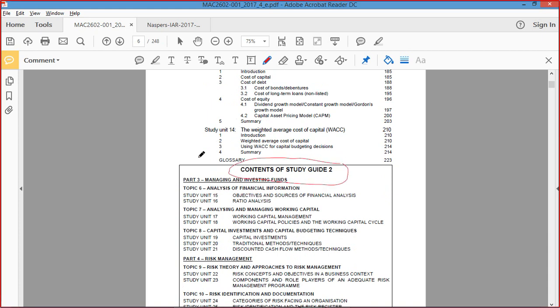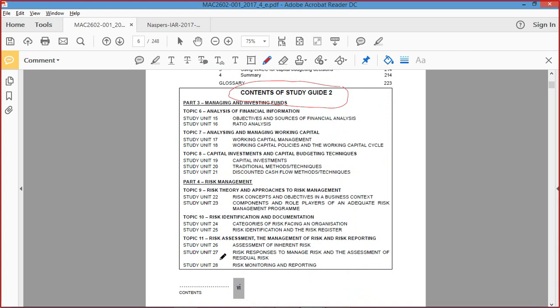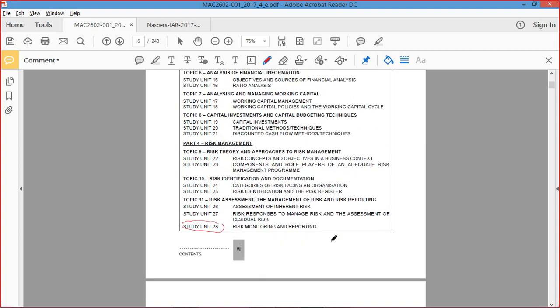The first book covers the first 14 study units, and then we've got another 14 study units in the second book, totaling 28. So there's a lot of theory, lots and lots of theory, with some calculations scattered throughout the different sections. That's just to give some scope to the actual course.